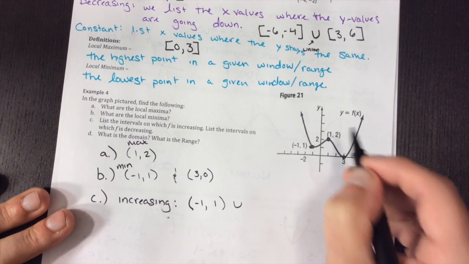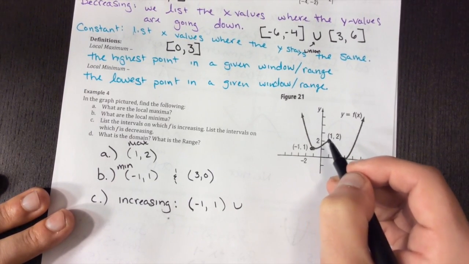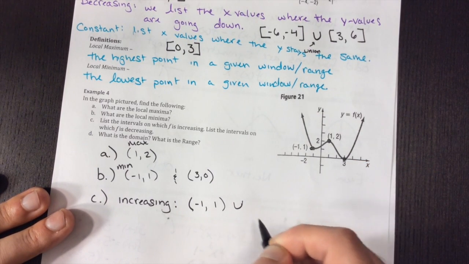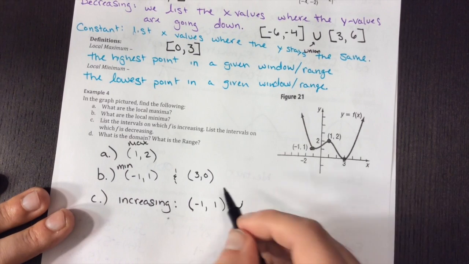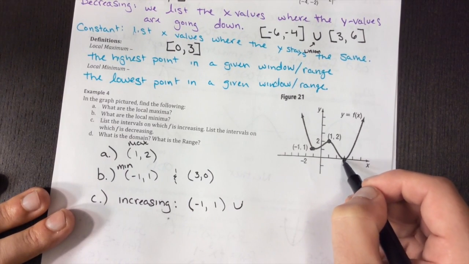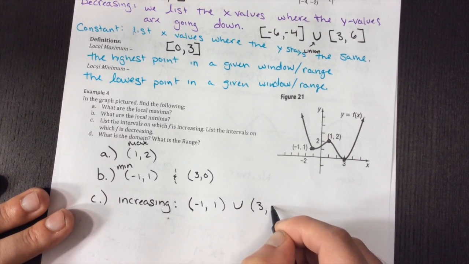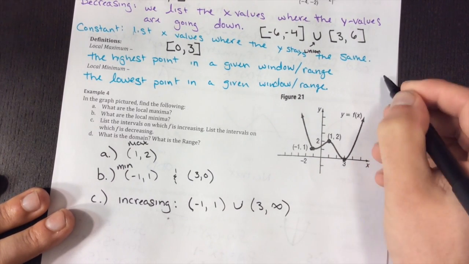At 1, we stop being increasing, so that's why we do not include that. And then we're going to include the next range, from 3 off into infinity. 3 to infinity is where we are increasing.